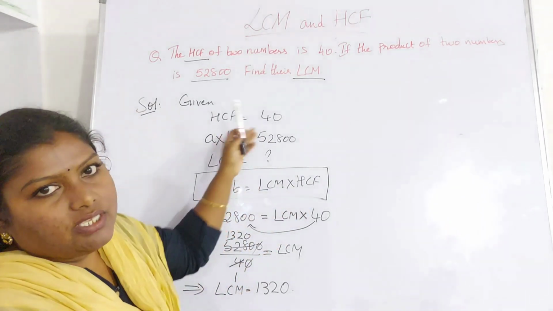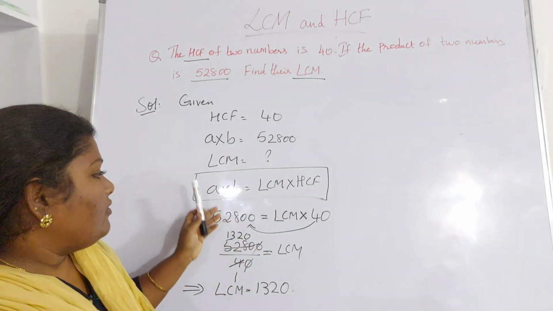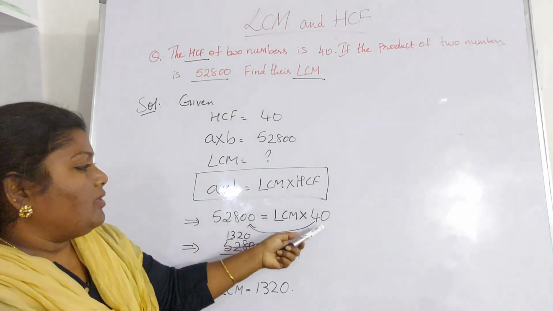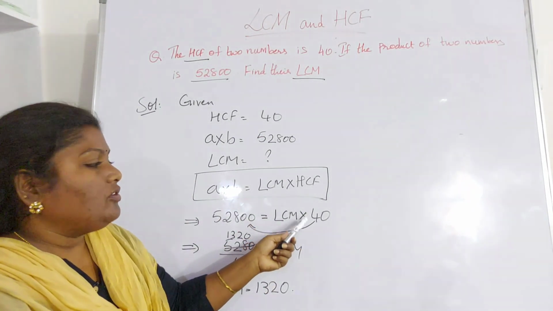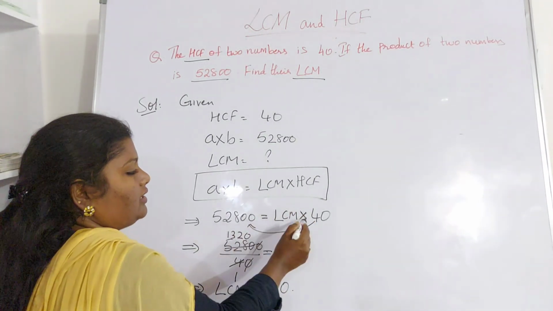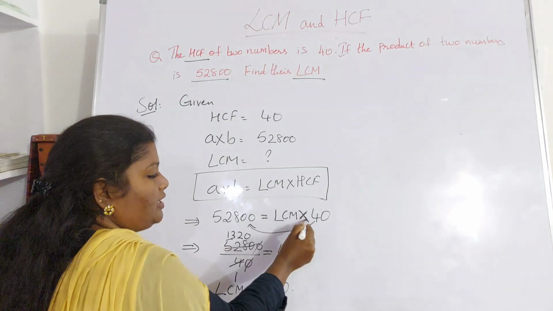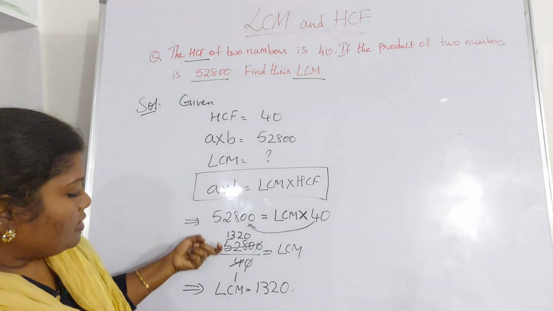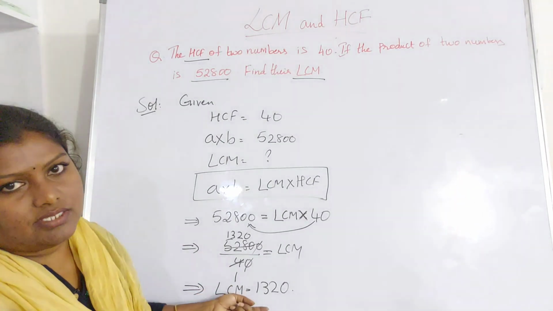So substitute these values here and find out the LCM. Here I have listed LCM into 40. Now send this 40 to the other side. The relation between them is multiplication. When it goes to the other side, it becomes division. Simplify it and find out the LCM.